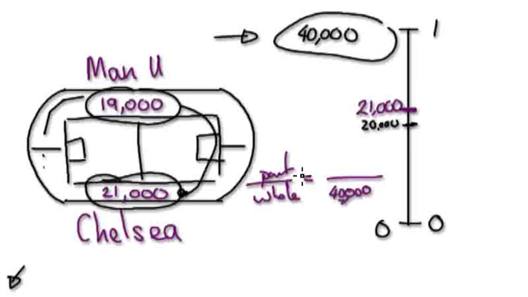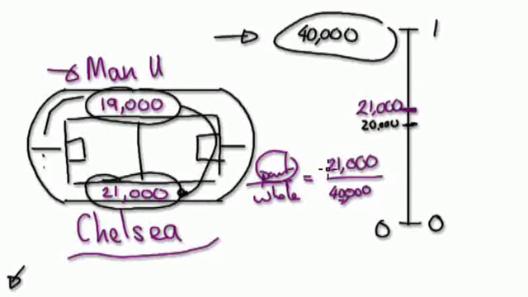And the part, because the question is saying what percentage of Chelsea supporters, we don't really care about Manchester United supporters. So it's 21,000, okay? So you need the Chelsea figure in here.